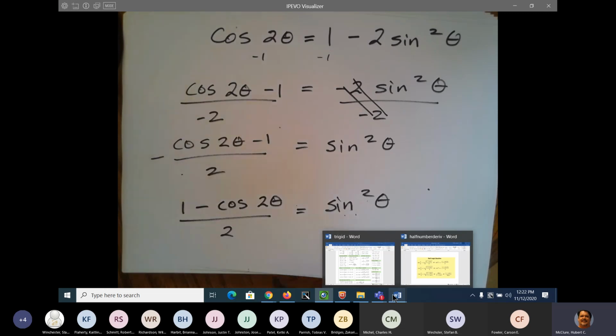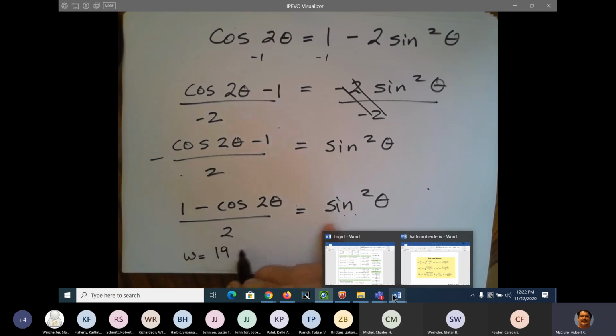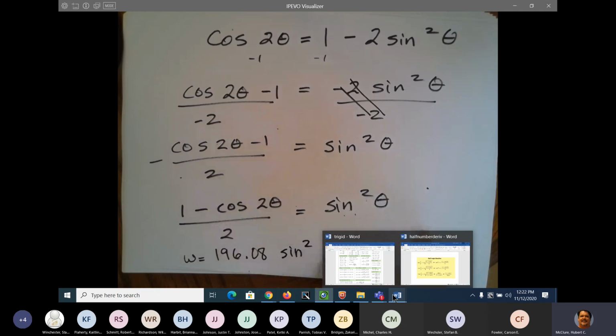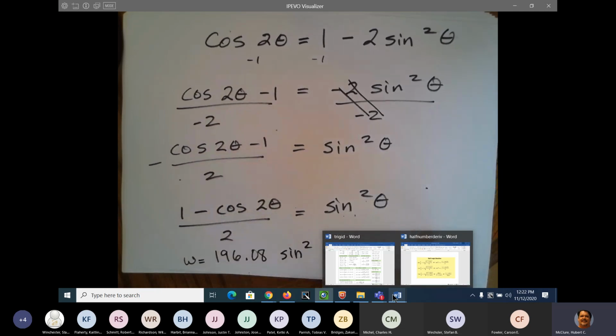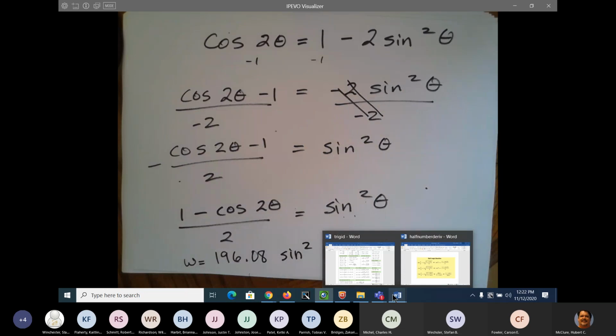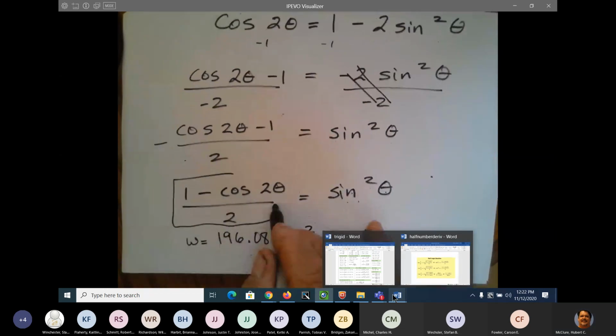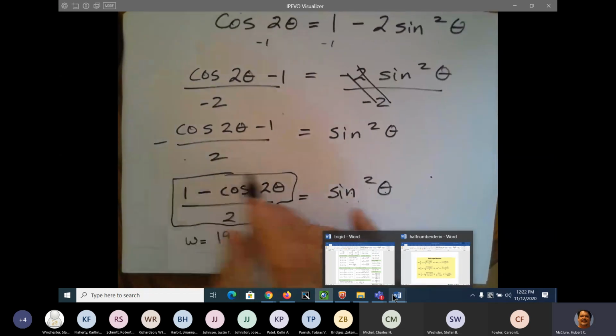So I could take that original equation, which is W is equal to 196.08 sine squared of 140 pi t, and I can substitute this in for that.